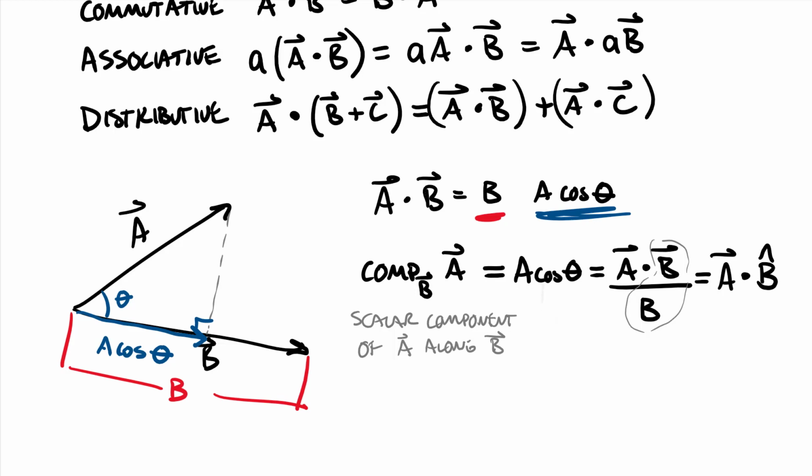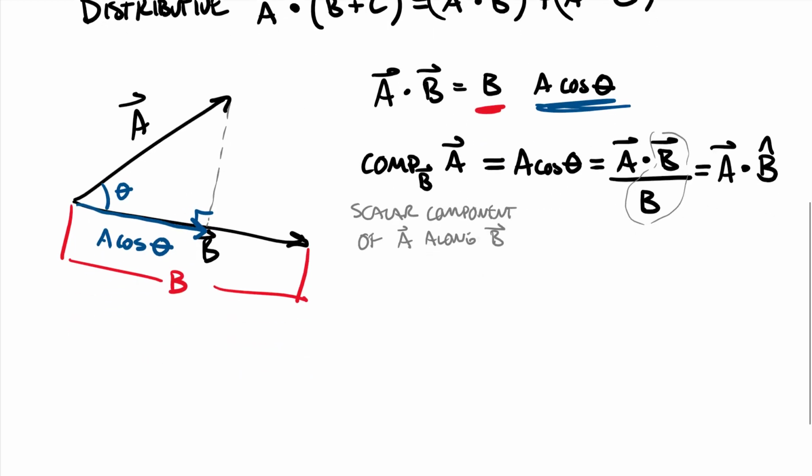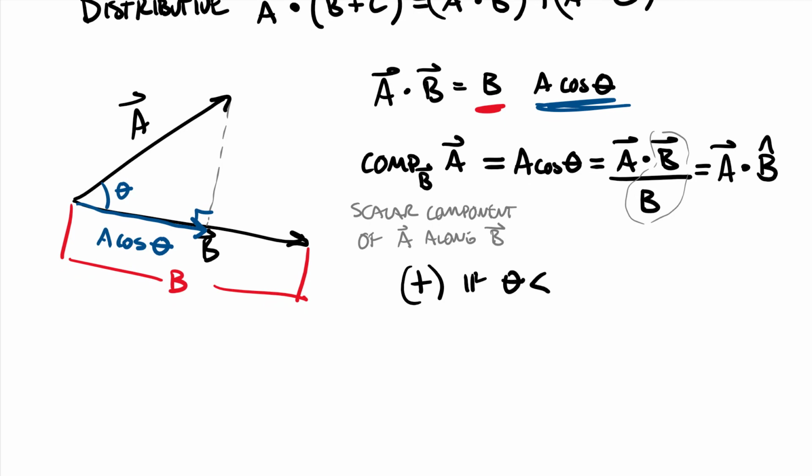Now, noting that the scalar component can be either positive or negative. Okay, it will be positive if theta is less than 90 degrees. In spatial terms, that's basically saying that A and B are generally going in the same direction. So as drawn, this would give us a positive value of the scalar component of A along B. And it'd be negative if theta was greater than 90 degrees.